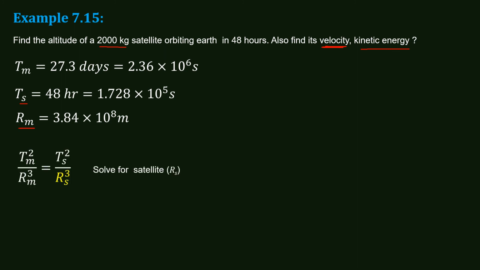Okay, and we're going to use this equation right here. Now we need to solve for R of S, the satellite's R. That's the distance from the middle of the Earth to the middle of the satellite. Satellites are not very big, but anyways, R of S is always from the center of the Earth.